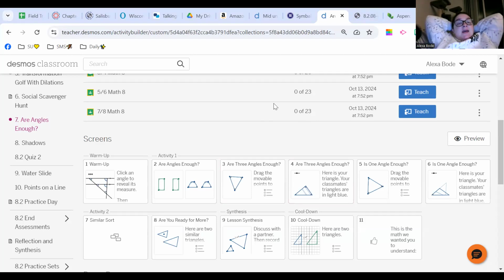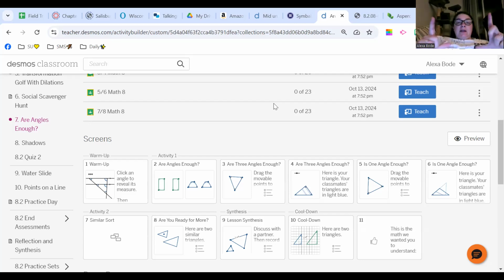So today we are doing an Are Angles Enough Desmos. On Friday, we did an activity where you were testing to see if two polygons were similar using angles and corresponding sides.